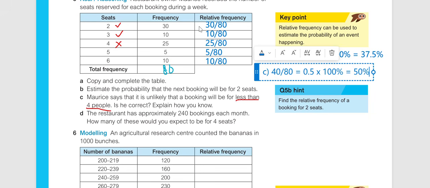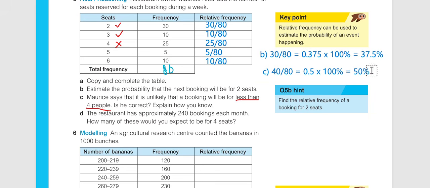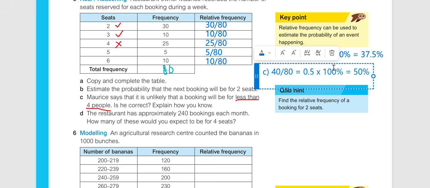So from what we have learned, is 50% like unlikely? No. It is not, right? So is he correct to say that it's unlikely? No, he is not correct. So here 50% means we know it's even chance. 50-50. It can be or cannot be, whatever it is, it's 50-50. But Maurice is saying it's unlikely. That means it's almost like it's not possible.